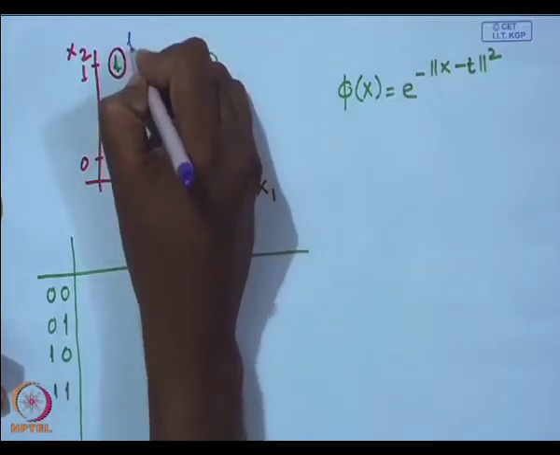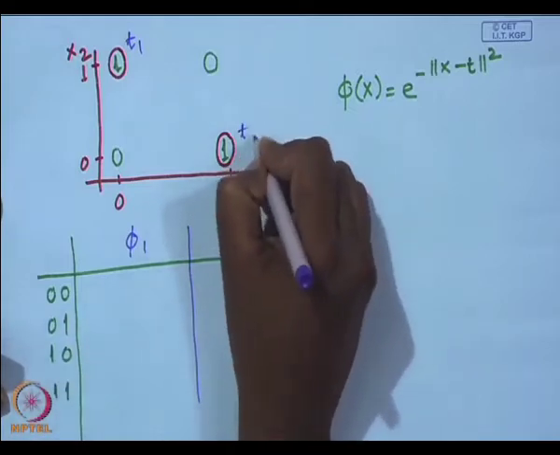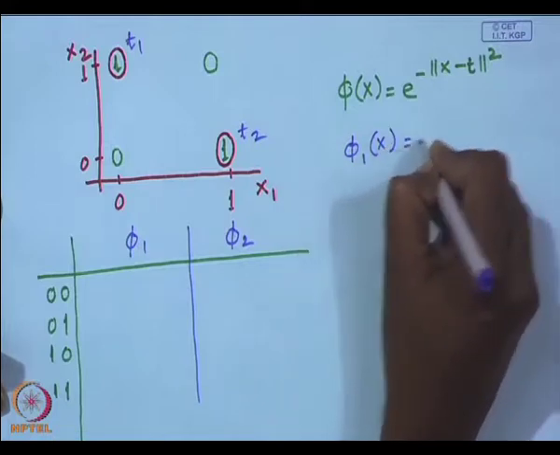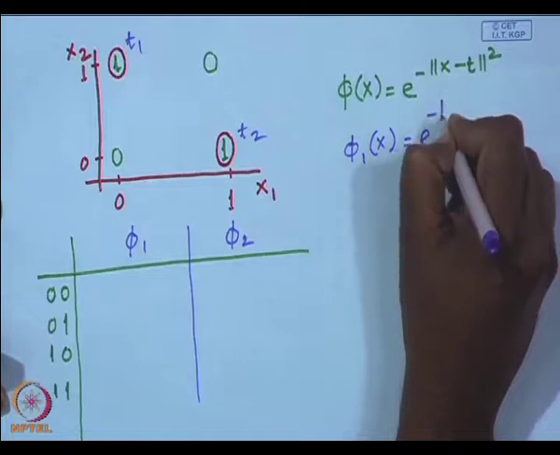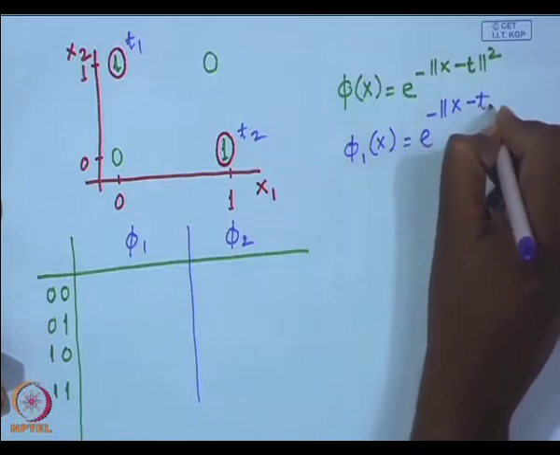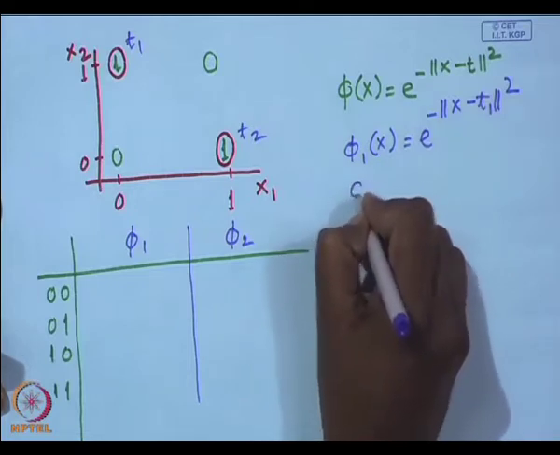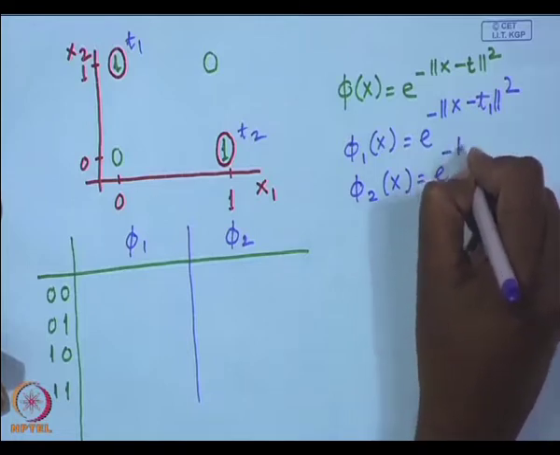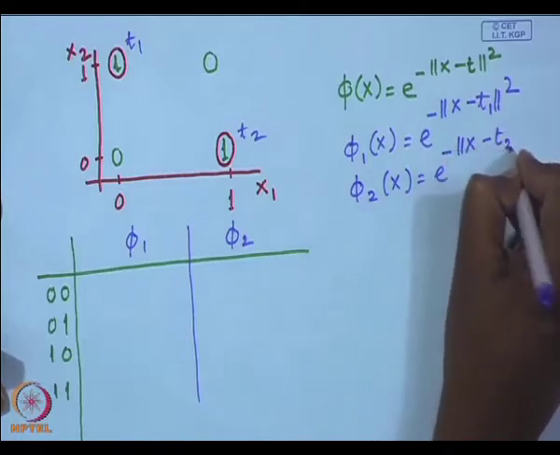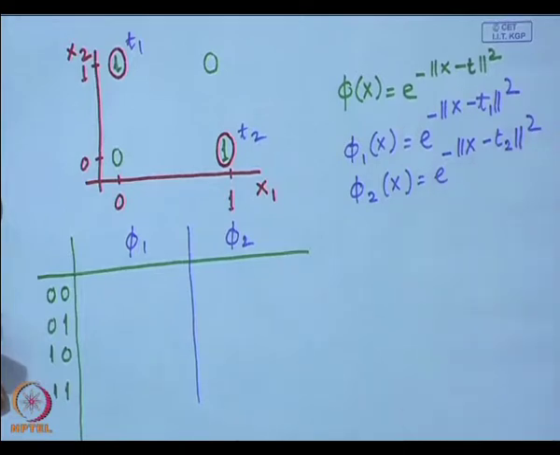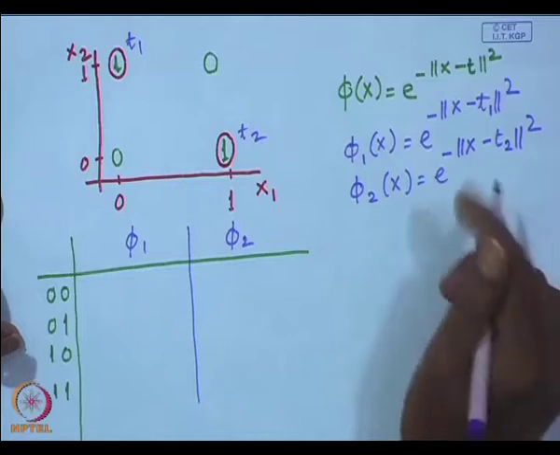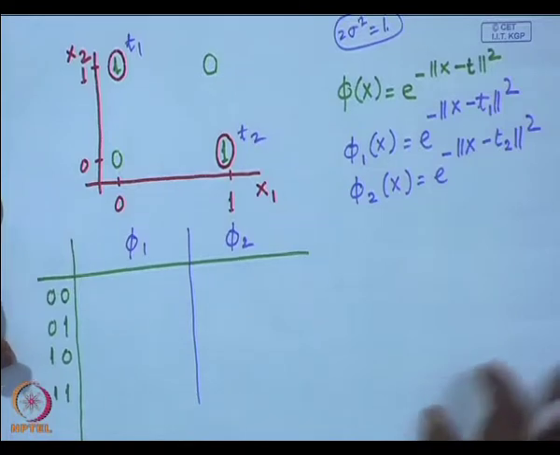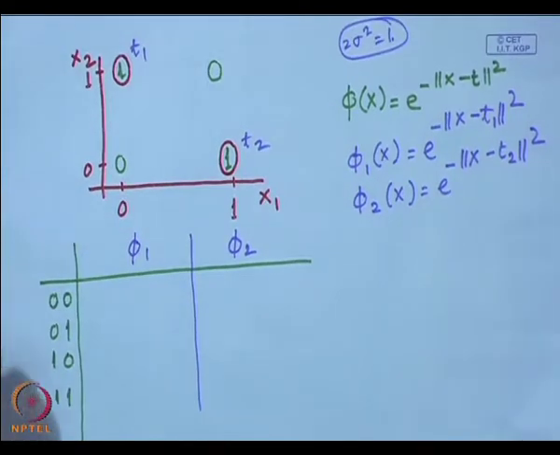So, if I say this is my receptor T 1, and this is my receptor T 2, phi 1 x will be simply e to the power minus x minus t 1 square and phi 2 x will be e to the power minus x minus t 2 square. So, here you find that I assume that 2 sigma square is equal to 1. However, that does not matter for this nonlinear transformation.